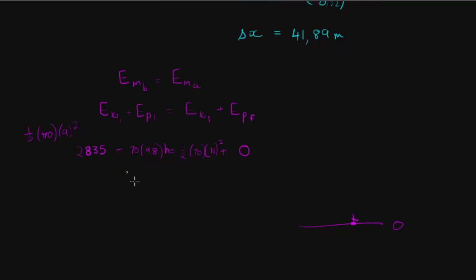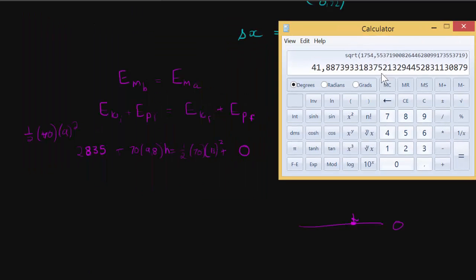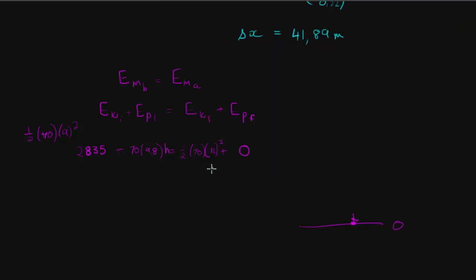Okay, so in solving this, we've got our 0.5 times 70 times 13 squared minus this 2835, it's 3000 and what, divided by 70 and divided by 9.8 is equal to 4.49 meters.